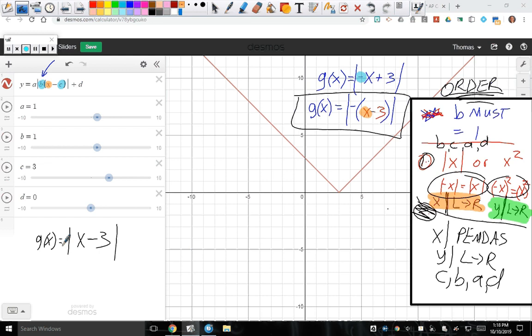You with me? But then if I throw this negative inside afterwards, and I make the b value into a -1, what do you think is going to happen? Hold on, let me slow down. What do negatives do?